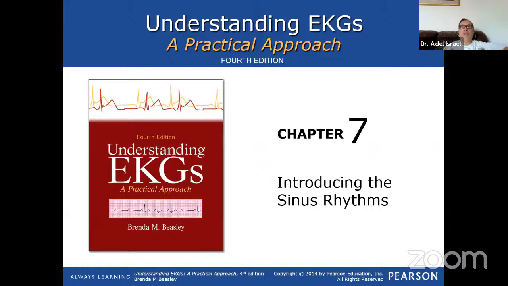So this is regarding the heart rate. It is normal and it is regular, and the P wave is upright and smooth and precedes each QRS, and the PR interval ranges between 0.12 to 0.20 seconds, and the QRS is also less than 0.12 seconds.